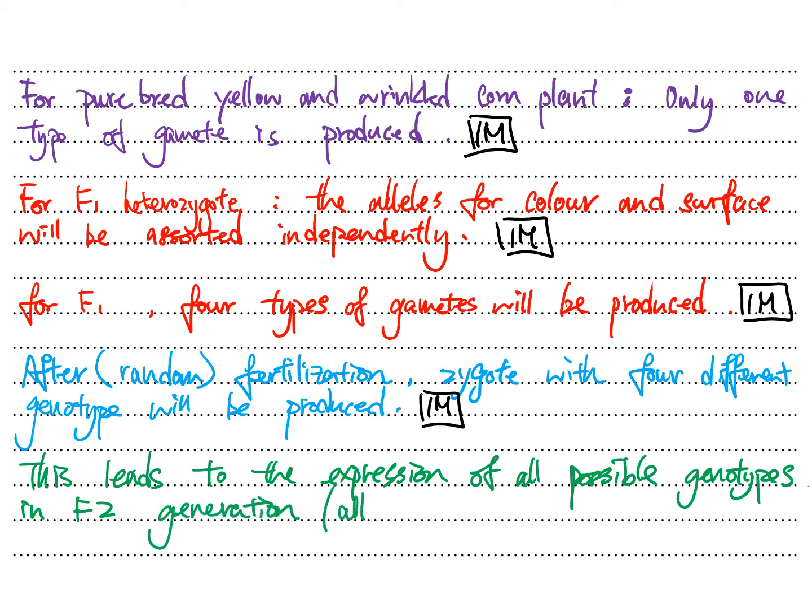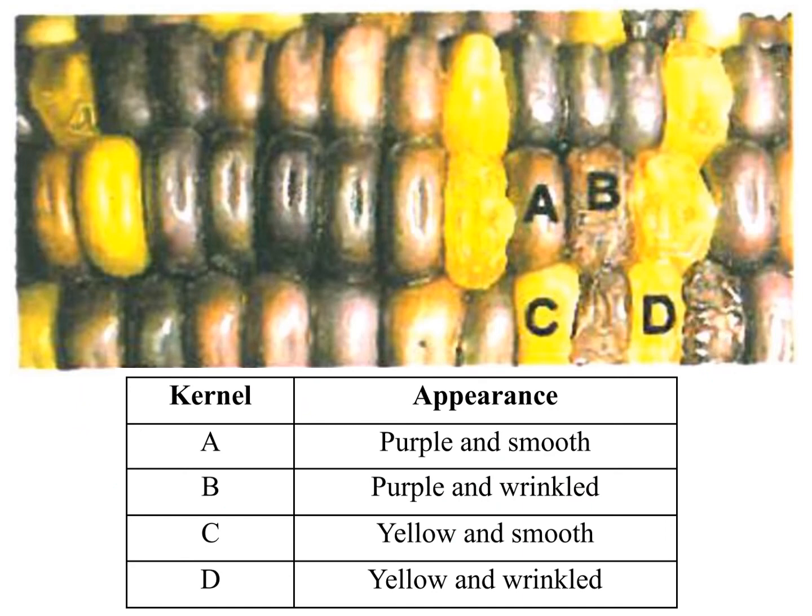All 4 types. You get the very last mark. This is the phenotype, that means the character, in the F2 generation, after the fertilization of F1, the heterozygotes, together with the homozygous recessive, the yellow and wrinkled seed parent plant.